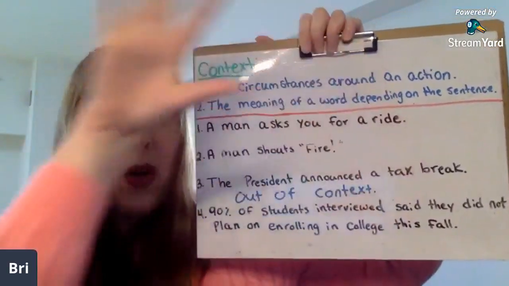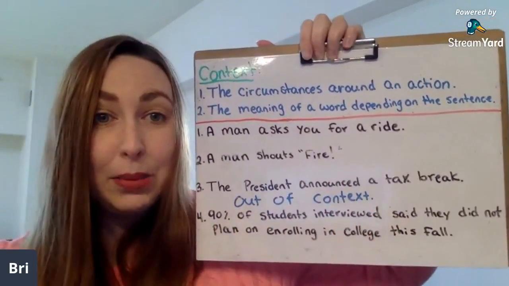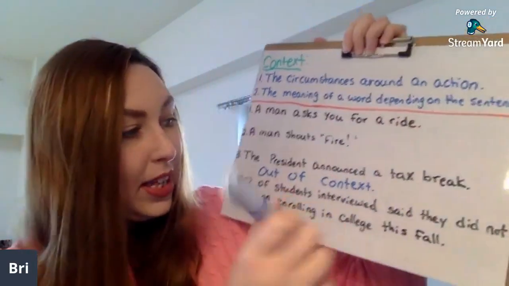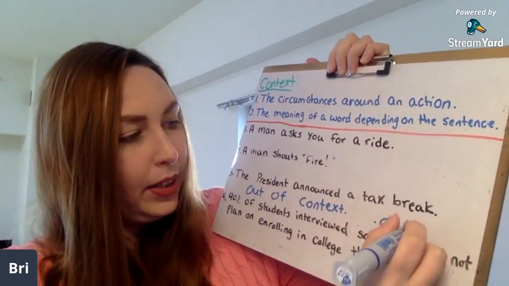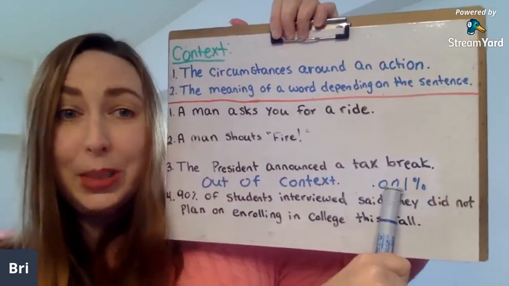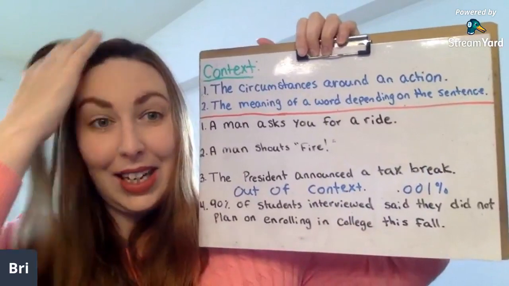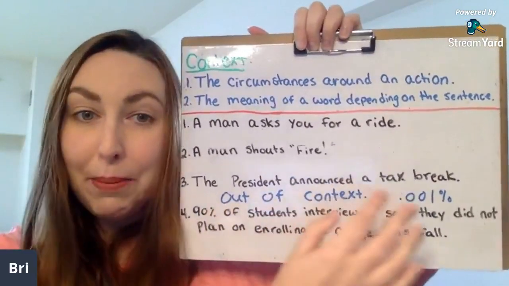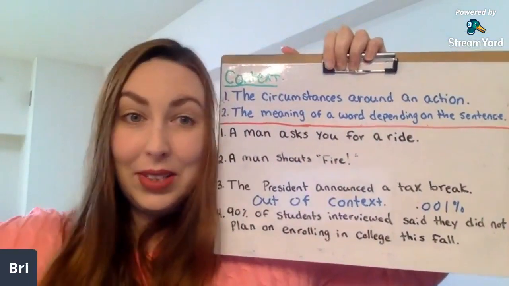So the whole context could be the president announced a tax break for only the 0.001%, the top richest people. So for me and you, maybe that's not so good. But the newspaper or the news station said, the president announced a tax break.